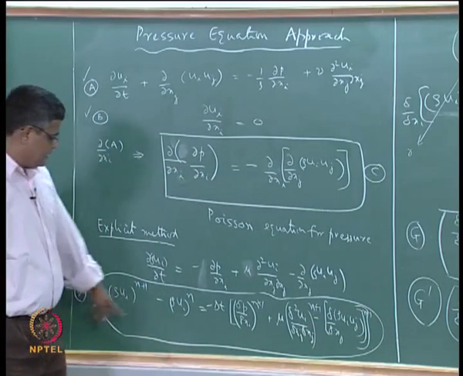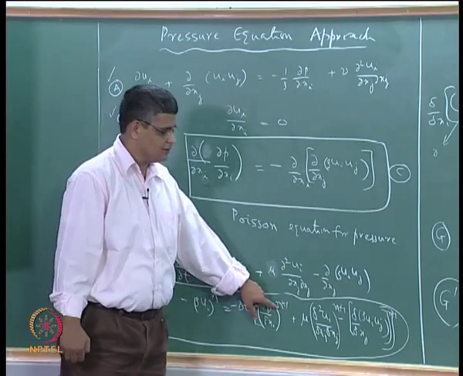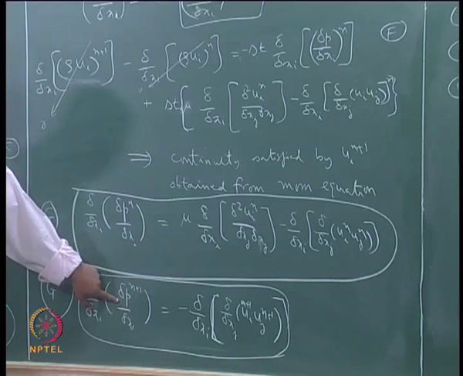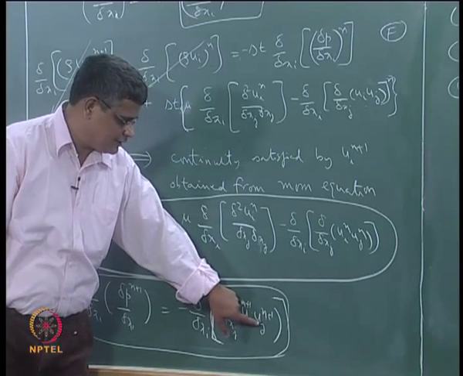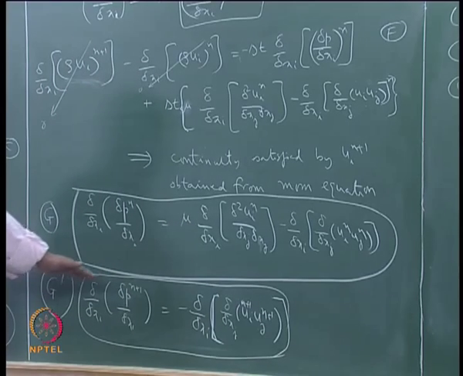So in order to solve this equation, we need to know pressure at n plus 1, and in order to solve pressure at n plus 1 we need to know u_i at n plus 1. So that makes it difficult, so it becomes an implicit solution.